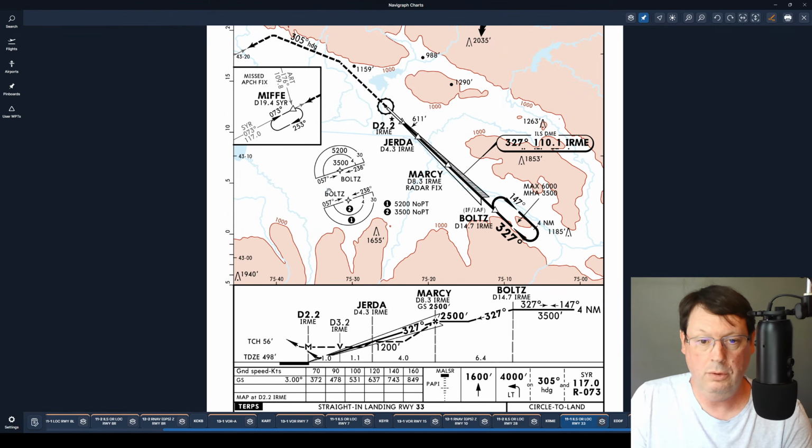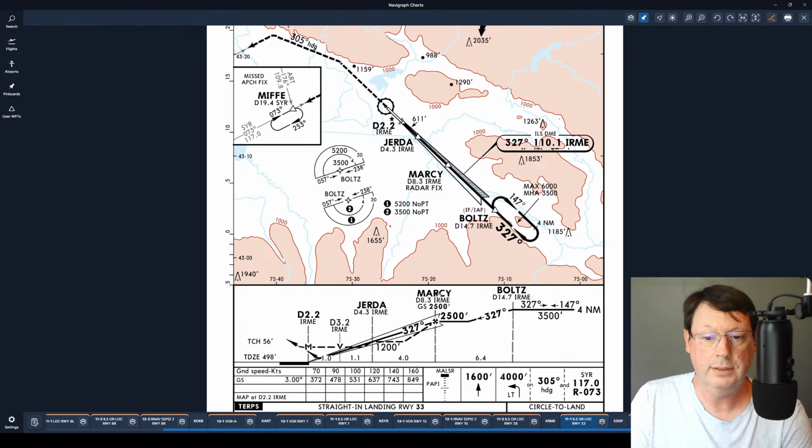You may have terrain over here, you may have whatever, and there is no guarantee of obstacle clearance if you do that. The only way to be guaranteed obstacle clearance is to fly from Marcy right here to the missed approach point, and you can do it at 3,000 feet.